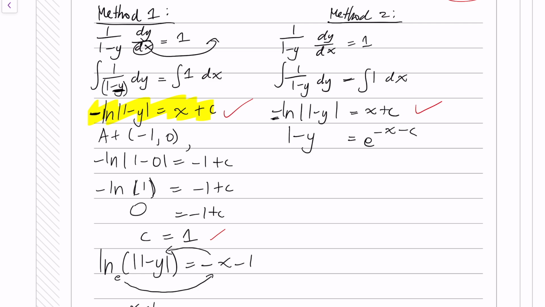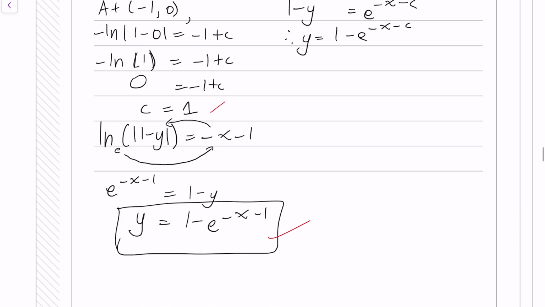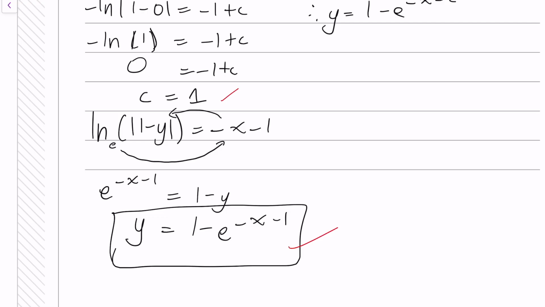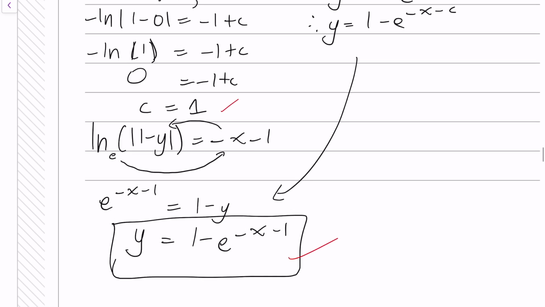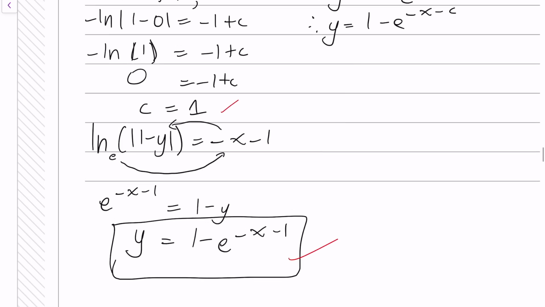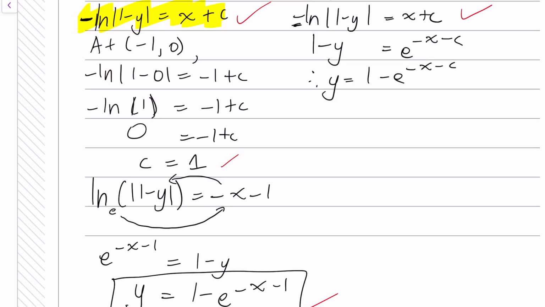Okay, doing that, and then therefore y is equal to 1 minus the e to the negative x minus c. So for similar reasons as what we did here, except I think we're just doing this at an earlier step as like our second step of the equation.